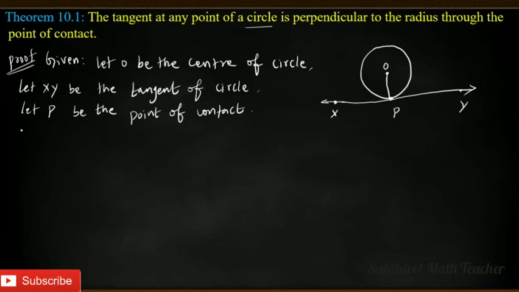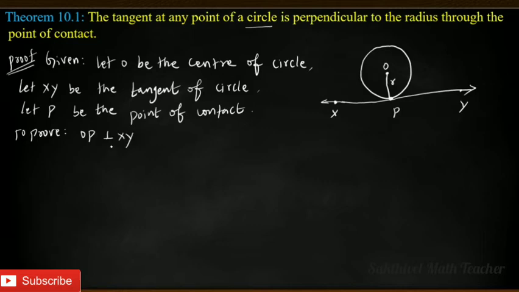Now, what we need to prove? We need to prove that OP, which is the radius, that OP line is perpendicular to the XY.